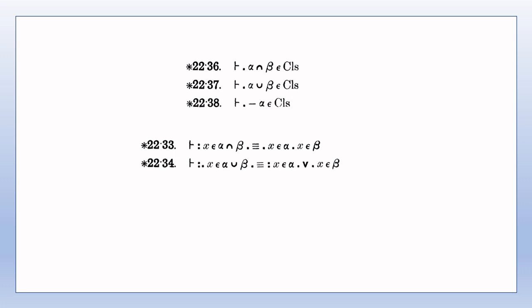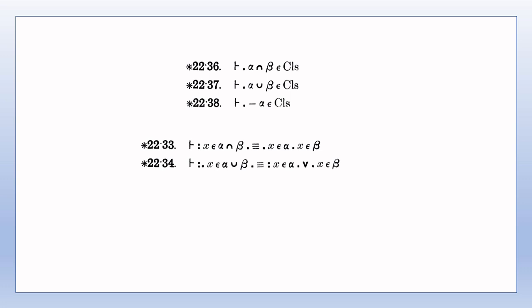Therefore, if alpha and beta were of different types, then their members must be of different types. And since an object x cannot be of more than one type, then x could not simultaneously be a member of alpha and beta. Similarly for 22.34, and remember that significant does not mean the same thing as true.